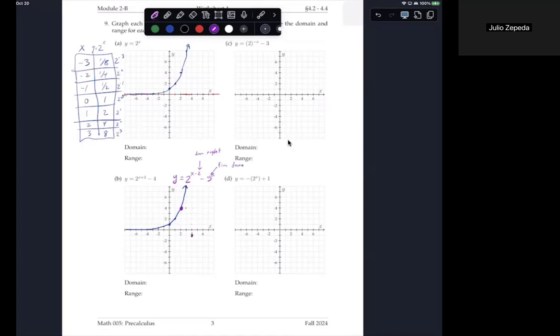And if we do this to every point, 1, 2, then 1, 2, 3, 4, 5, and so on for each point.